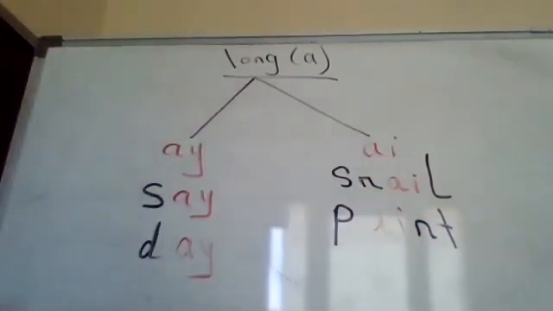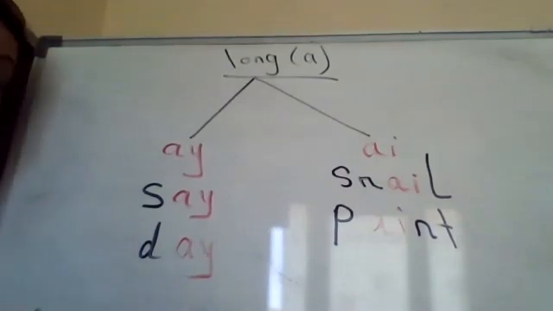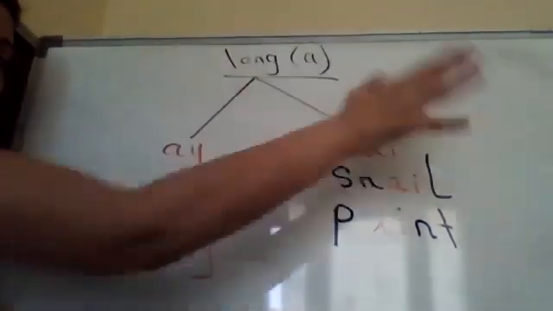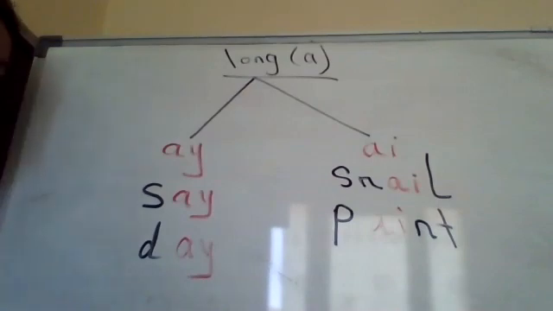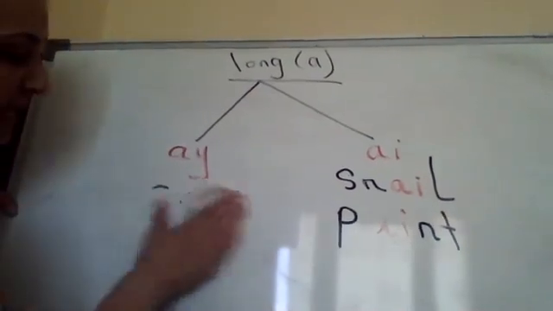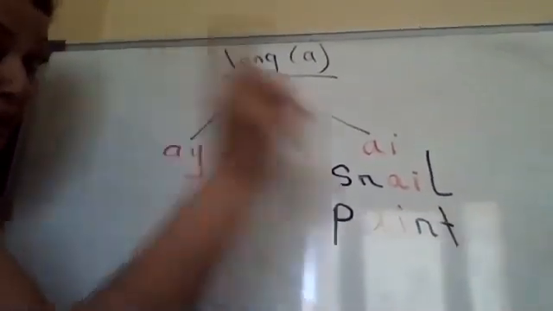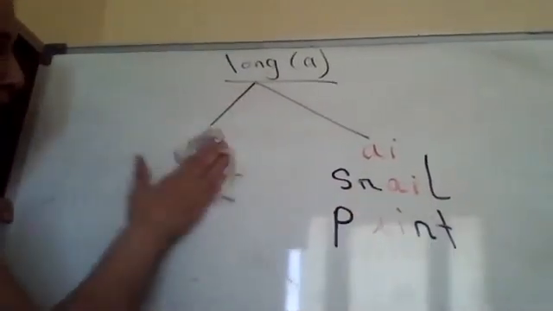This is what Mrs. Hadil wants. Which words spell A-Y? Which words spell A-I? And now I will give you a simple way in order to know where I put A-Y and where I put A-I.